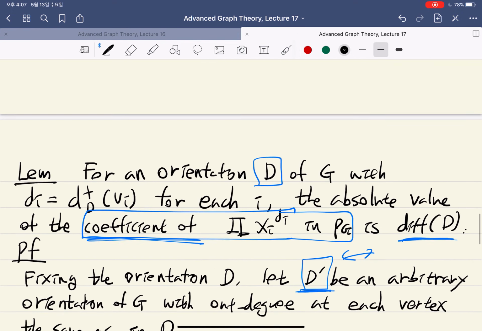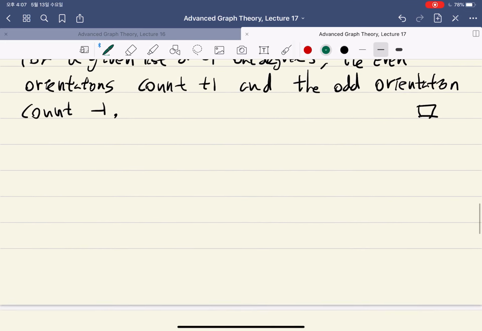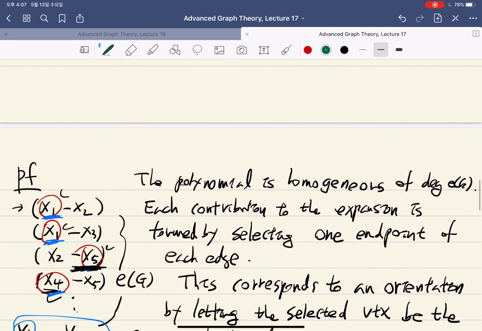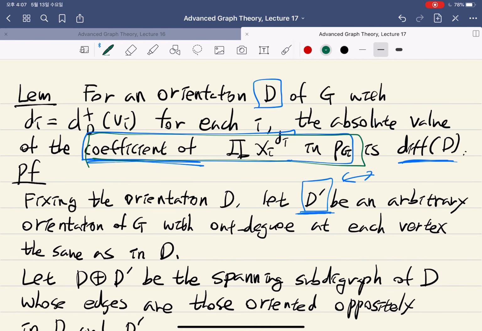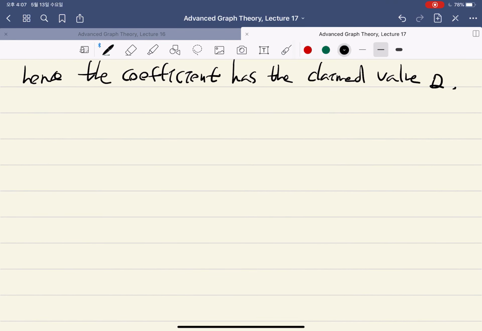So this, which is the difference between the number of even orientations and odd orientations, and this is the difference between the number of even circulations and odd circulations, and they are the same. So this gives us the relationship between the graph polynomial and the number of circulations.